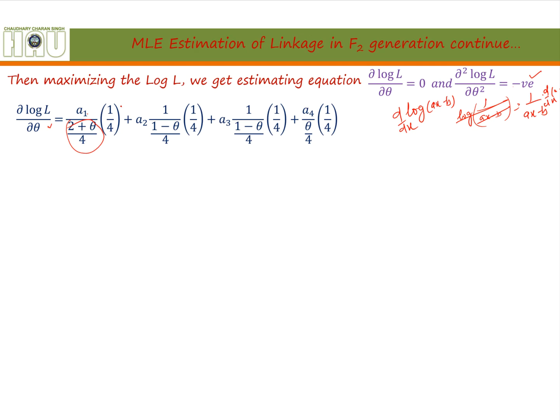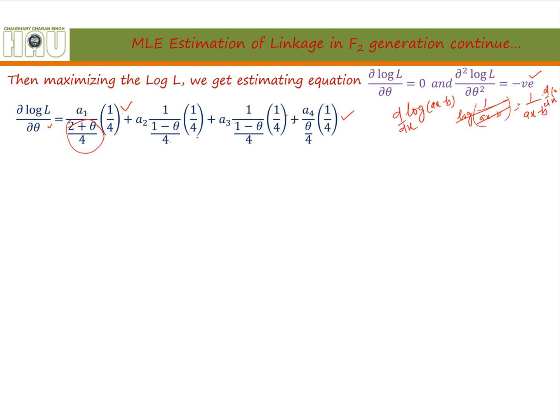So this 1 by 4 comes here. Similarly, A2 times 1 upon (1 minus theta) by 4 into 1 by 4. Then 1 by 4 and so on and so forth.